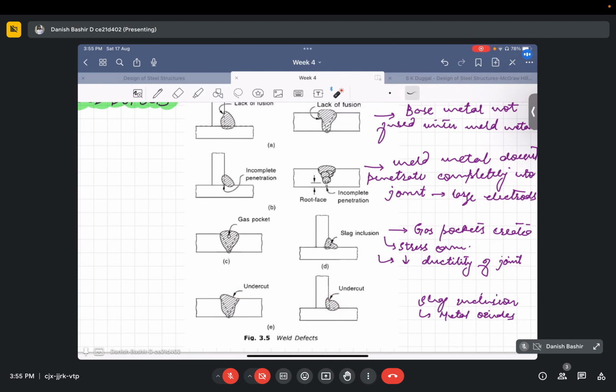That is known as undercutting: a local decrease of base metal or parent metal at the weld toe, caused by excessive current.